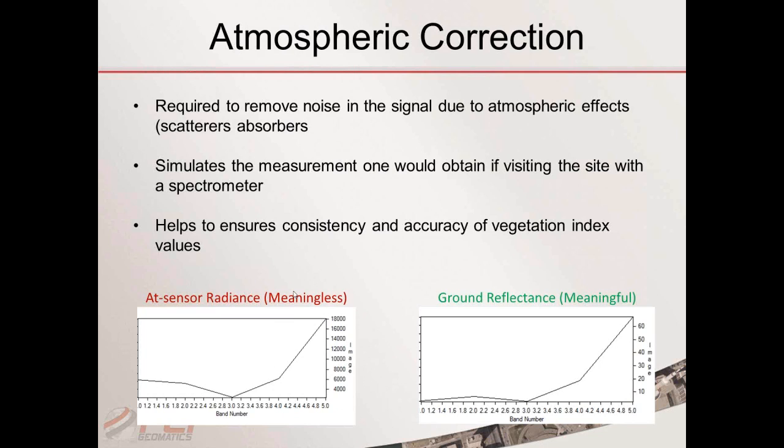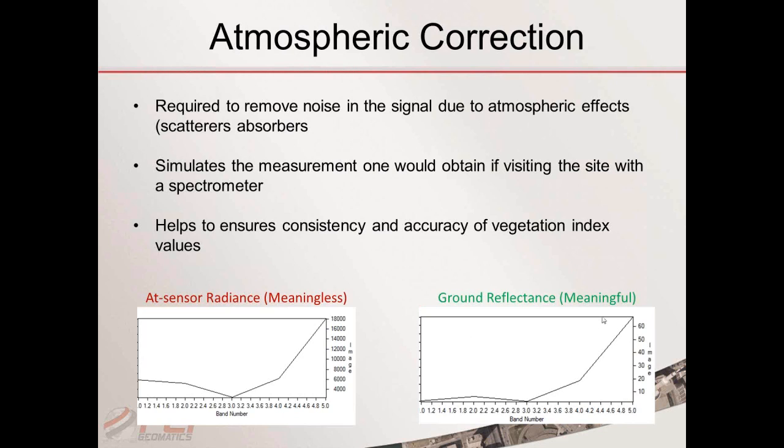So what we have here in this example is a vegetated field for the RapidEye data before atmospheric correction, and you can see that we have a much larger measurement in the blue band than there should be. This is very much a result of the fact that blue is a very predominant scatterer.